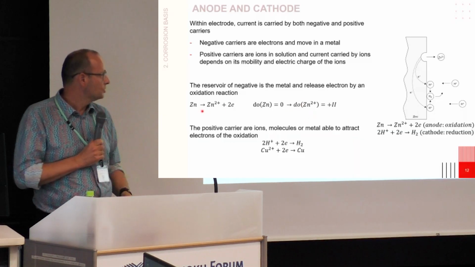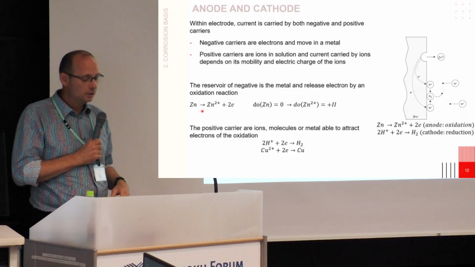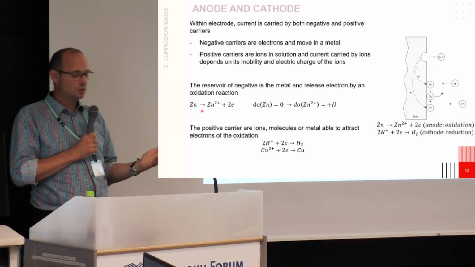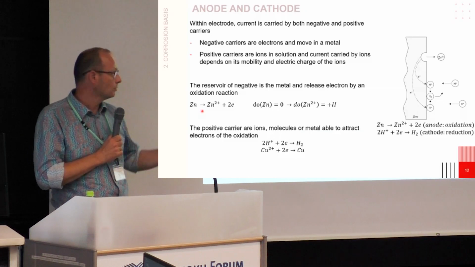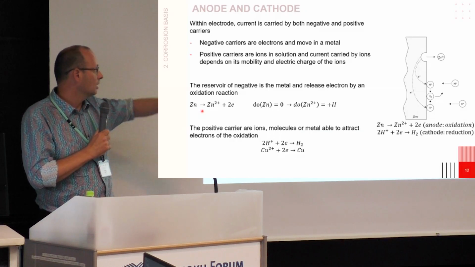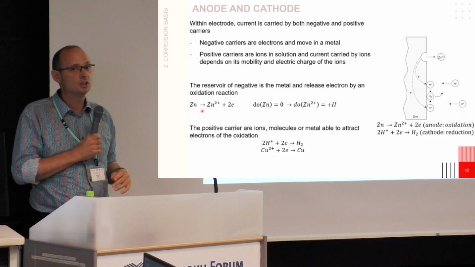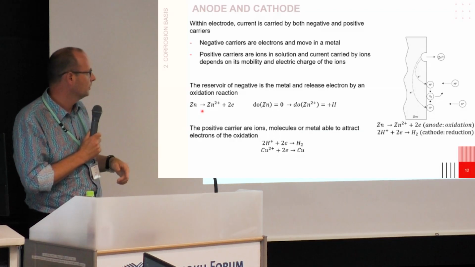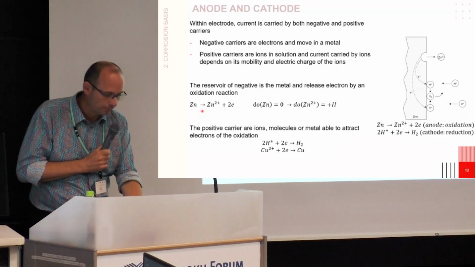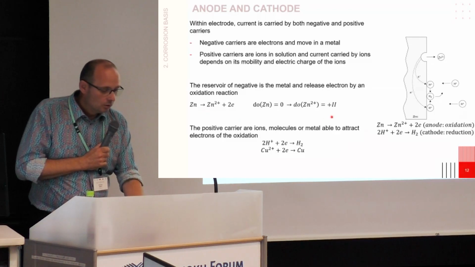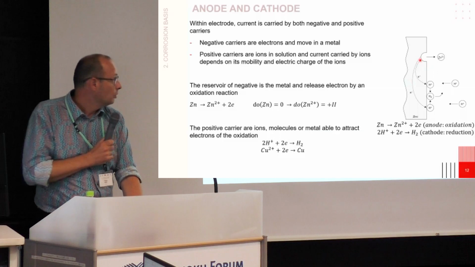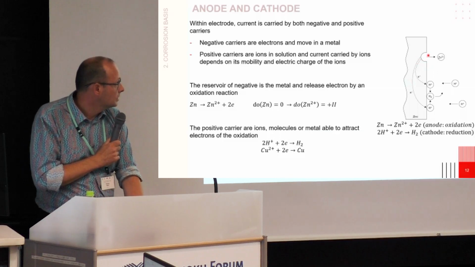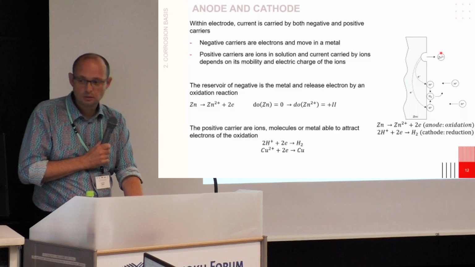As an example, zinc will dissolve into zinc 2+, releasing 2 electrons. Sometimes to help, we also use the oxidation degree, also called the oxidation number. So here it's given 2+. So as previously, zinc will dissolve here.